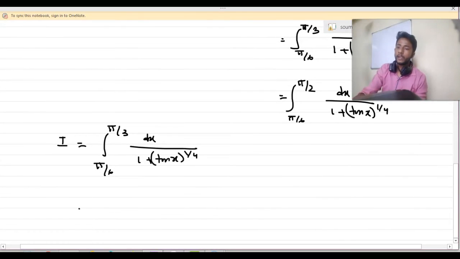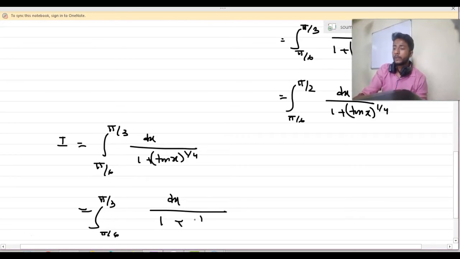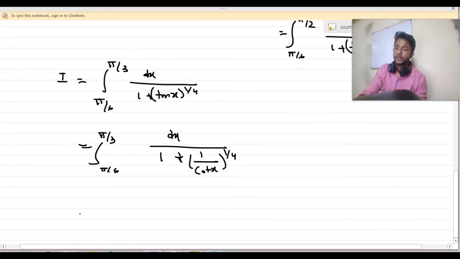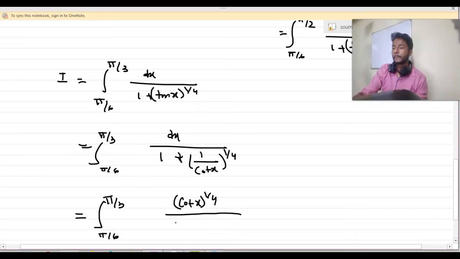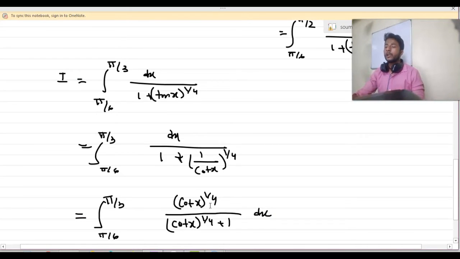Now I can write tan x as 1 by cot x. So I can write it as integration pi by 6 to pi by 3 (cot x) to the power 1 by 4 by ((cot x) to the power 1 by 4 plus 1) dx. So I got the value of I as this.